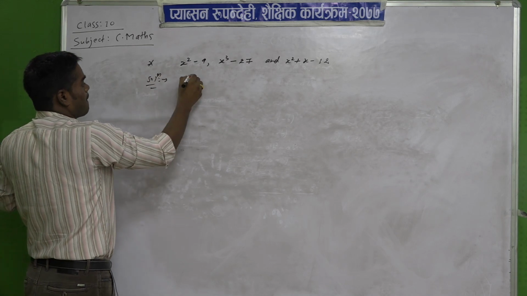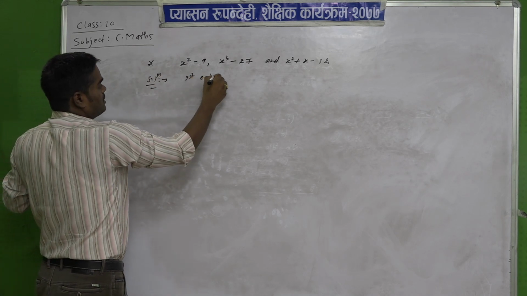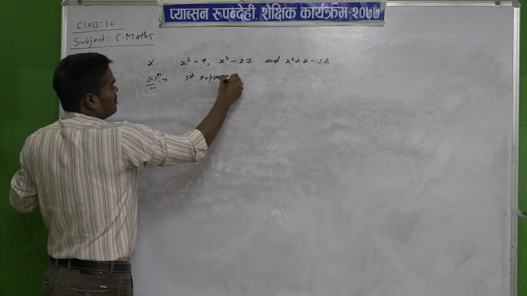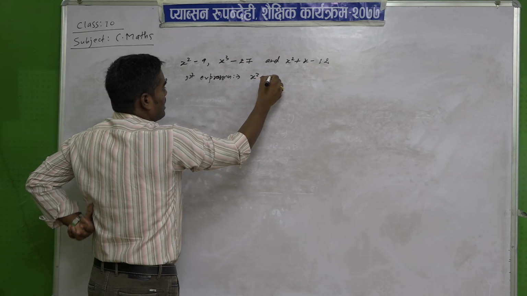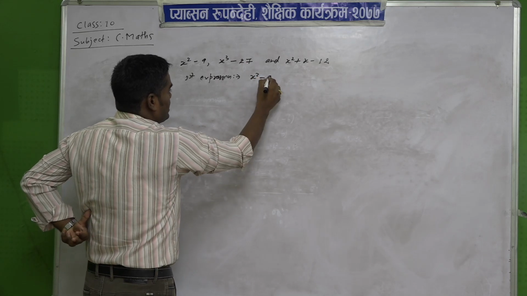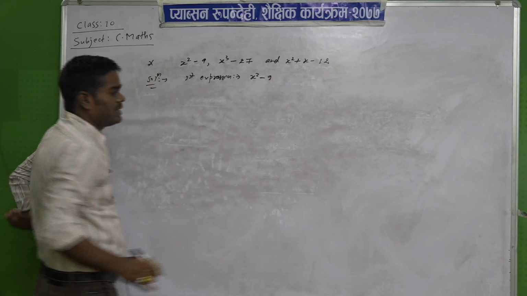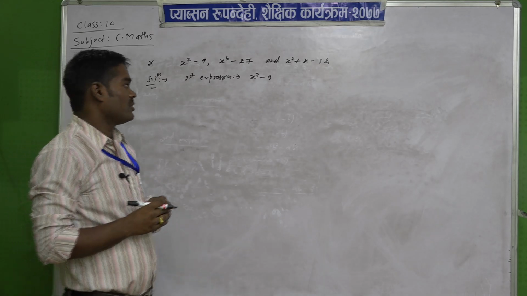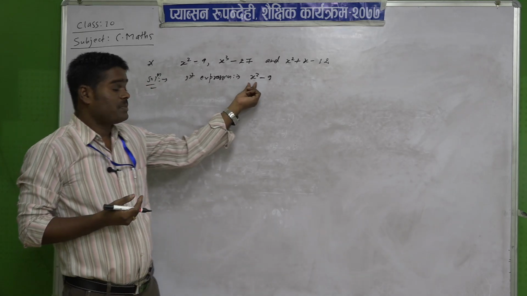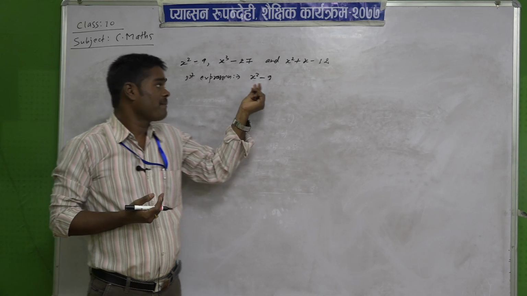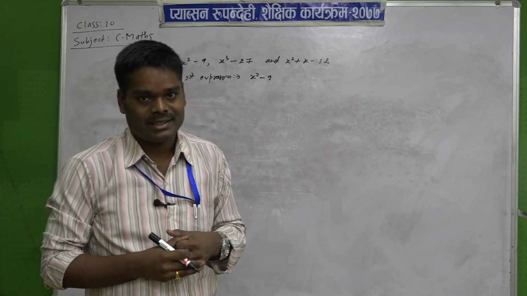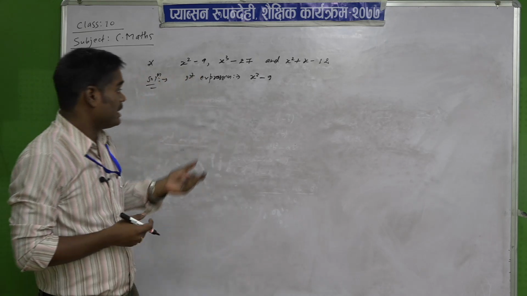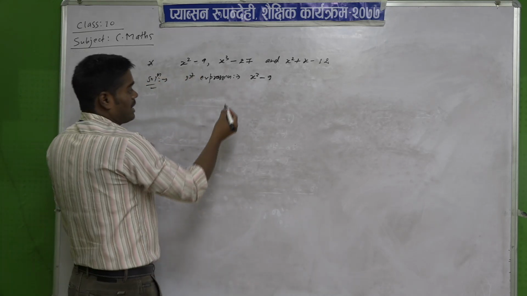So, solution. The first expression is what? x square minus 9. You are watching here, is anything common here? No. The first term is completely in square form, but the second term is given as a number. And what is the number? 9. So, my dear students, 9 we can write as the square of 3.